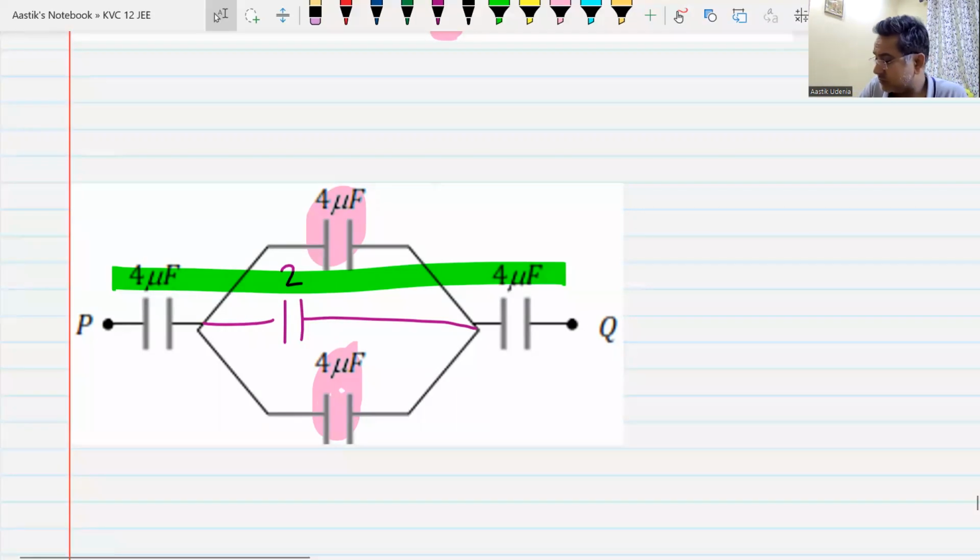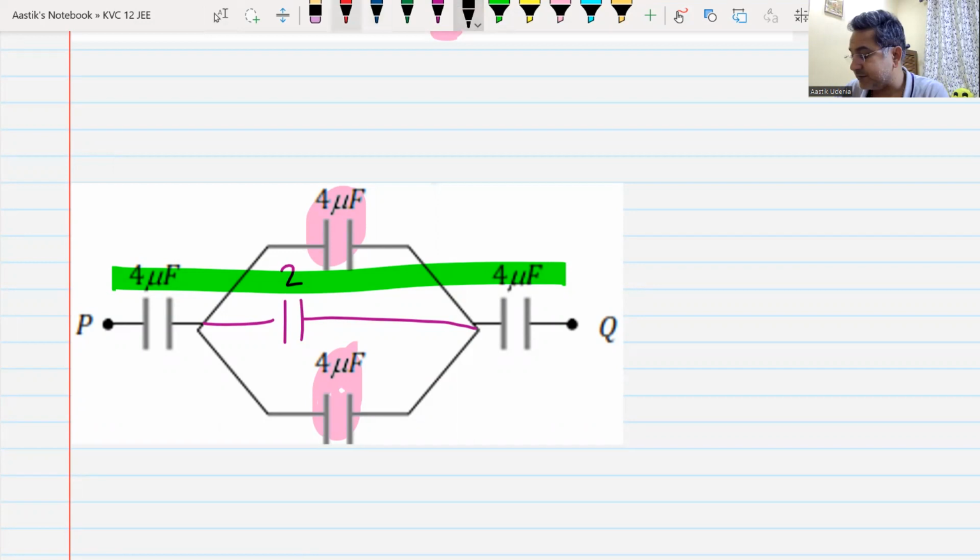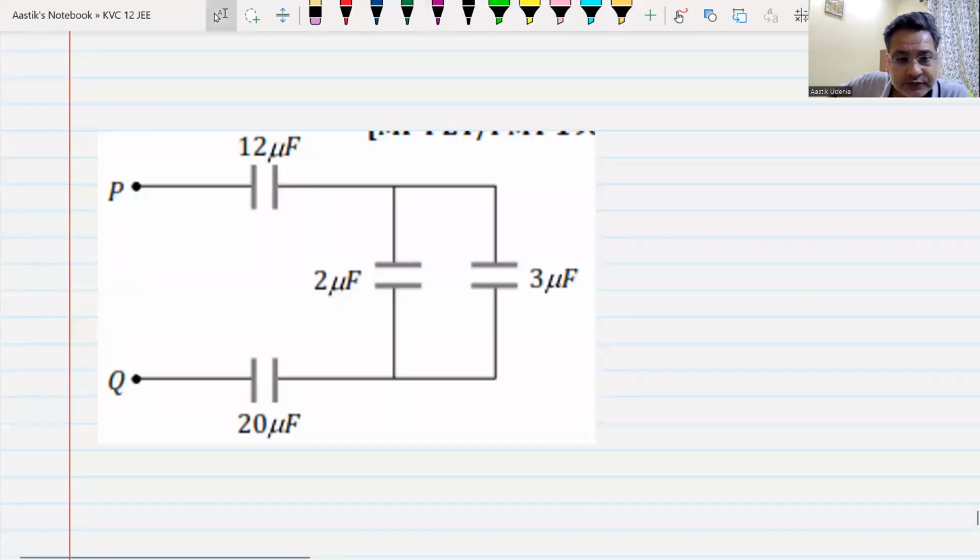Right. Oh, 4 and 4 are in parallel, so it will become 8. Sorry, that is what you wanted to find out? Yes, sir. 4, 8 and 4 are in series. Thanks for the correction. Have you understood this? I made a mistake. I just added them in series. Okay.